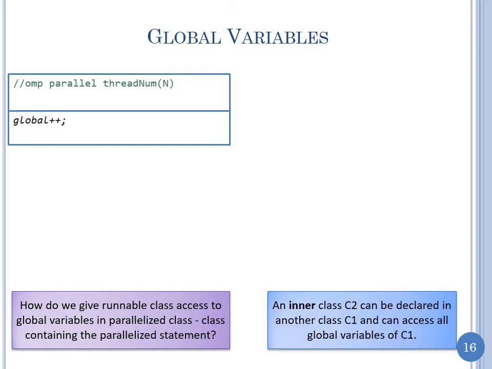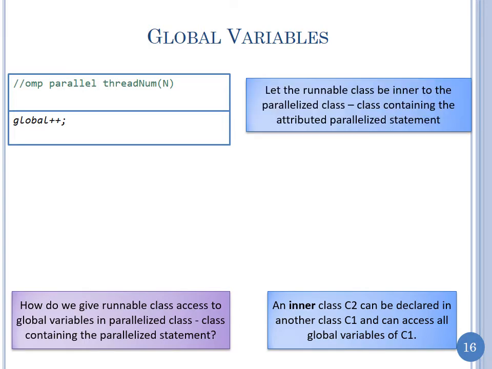But as Nolan mentioned, you can have something called an inner class. So I can declare a class C2 within the class C1, and all the code in class C2 can access the global variables of C1. Okay. So my modification is we let the runnable class be inner to the parallelized class containing the attributed parallelized statement.